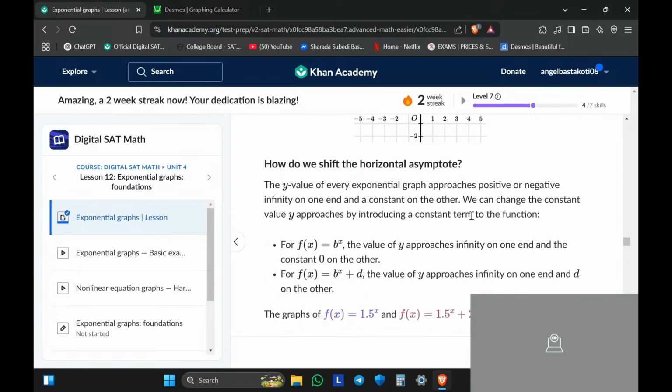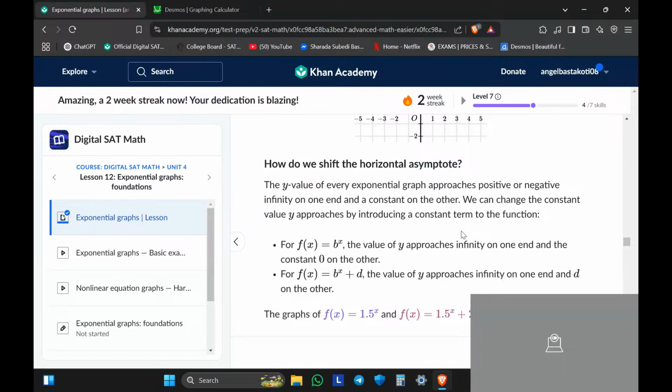The y value of the exponential graph approaches infinity on one end and a constant on the other. We can change the constant value.